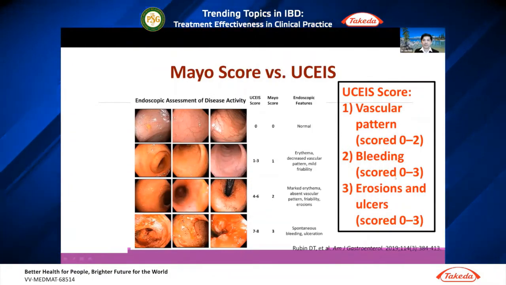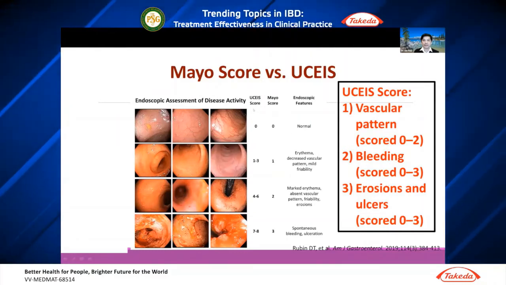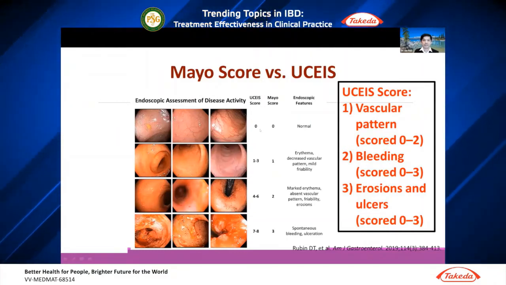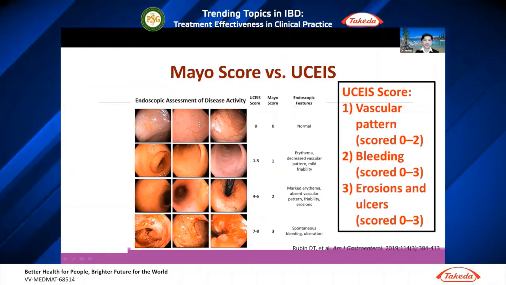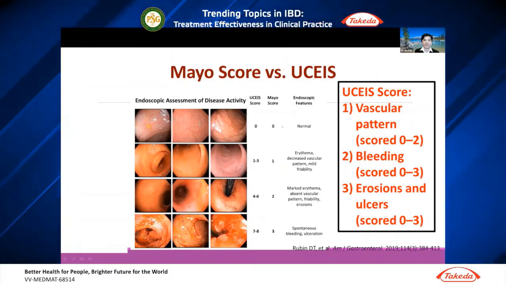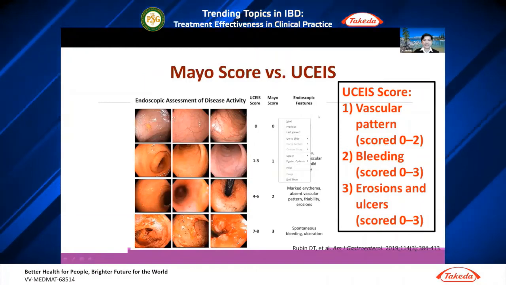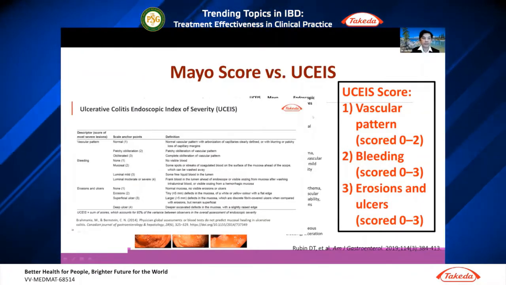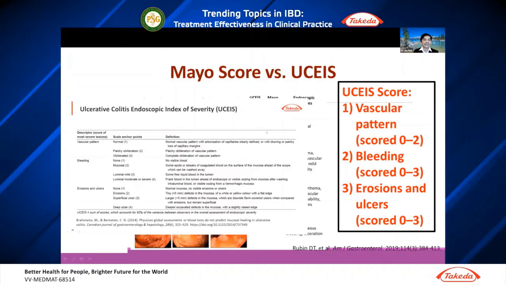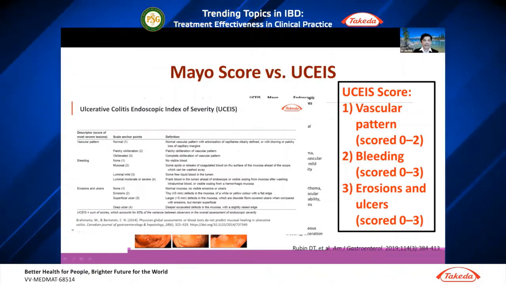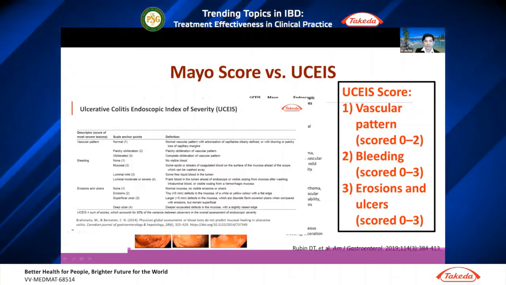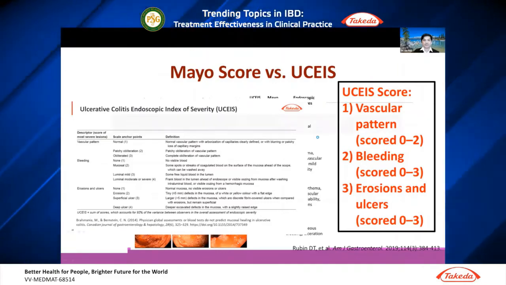So if you total this, it will be around 8, that's 6 plus 2, 8, compared to the Mayo score, which is much easier, just 0 to 3. And there is actually an extended ulcerative colitis index of severity, and I think it's up to 11 points.